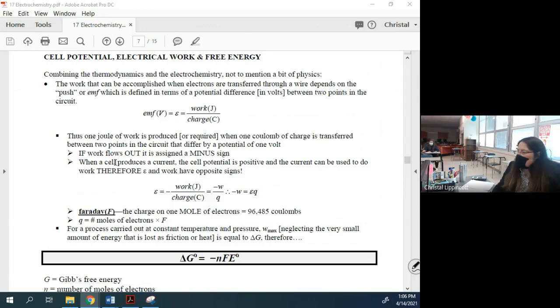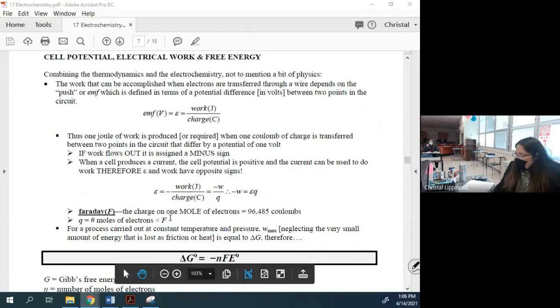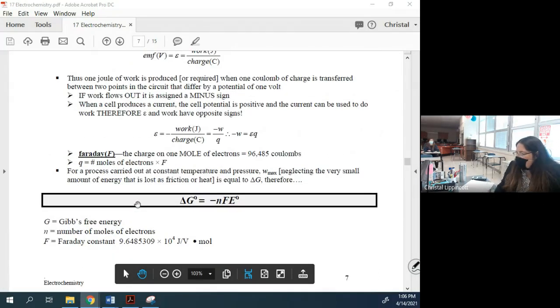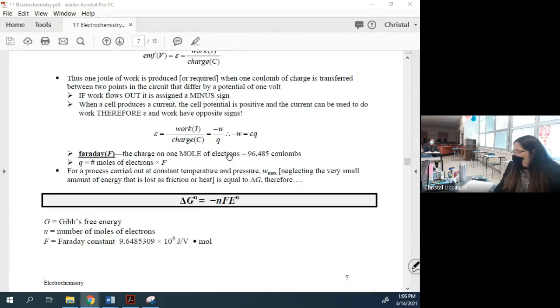Okay. So when Faraday got a hold of this, what he said was that the charge on 1 mole of electrons equals this many coulombs. And again, that is on this sheet. That value is right here. Okay. So the charge on 1 mole of electrons, and that's key.